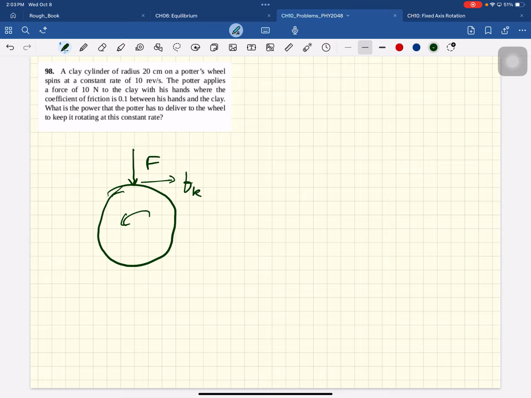The friction force is mu k times the normal force, and the normal force is F. So it's 0.1 times 10 newtons, equal to 1 newton. That's the friction force.